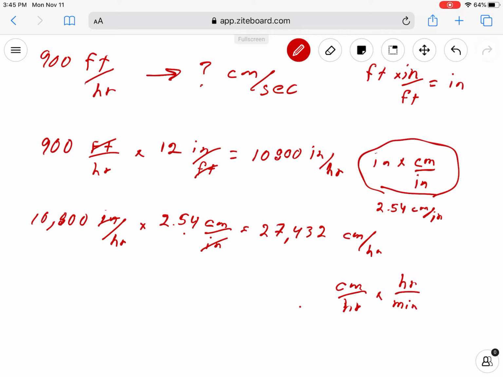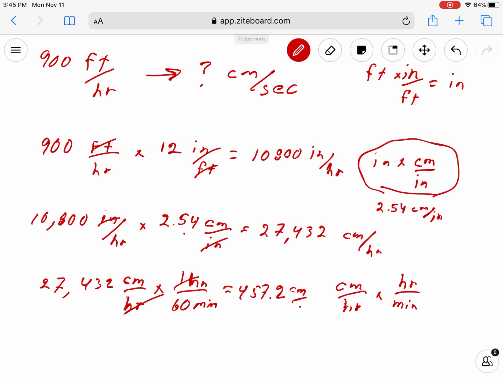So if I have 27,432 centimeters per hour, and I'm going to multiply that 1 hour as 60 minutes. The hours cancel, so I end up taking 27,432 and dividing it by 60, and that is 457.2 centimeters per minute.